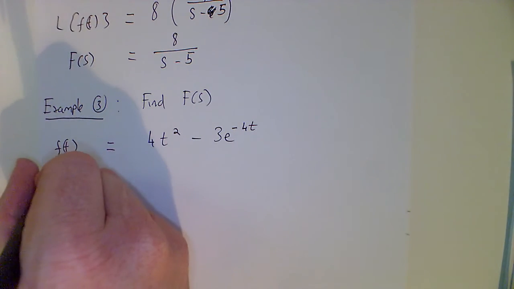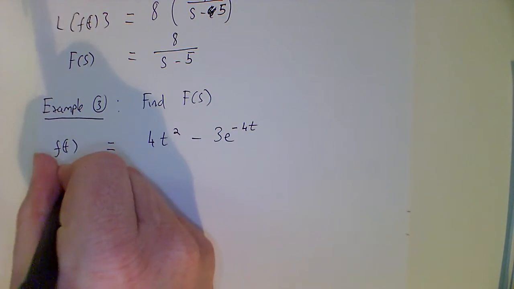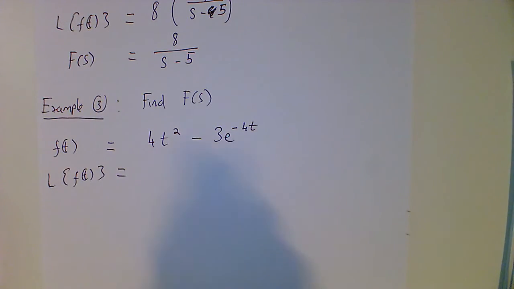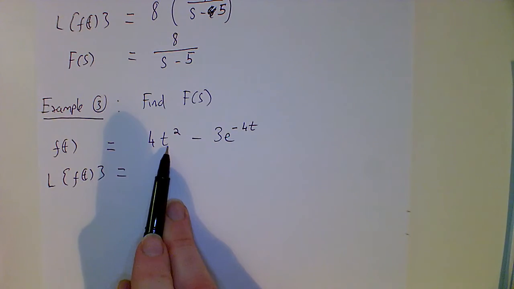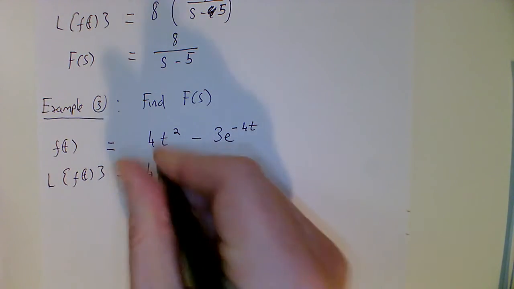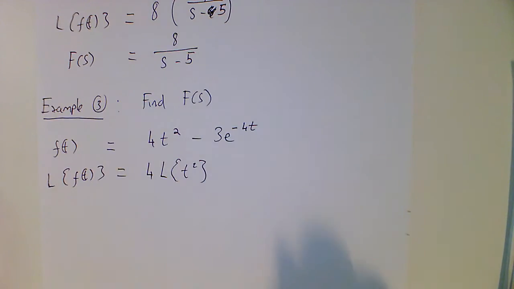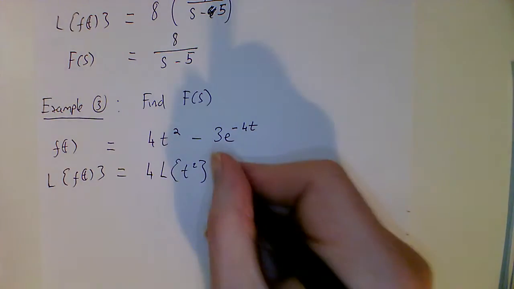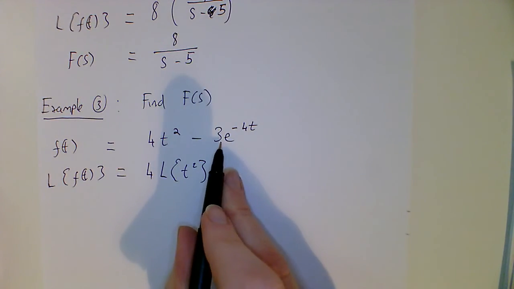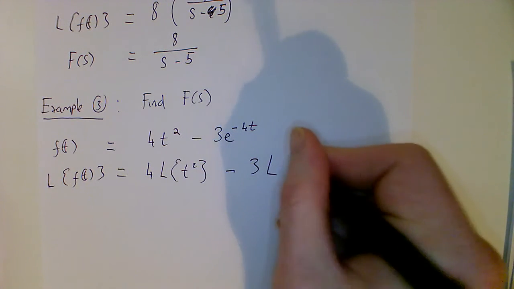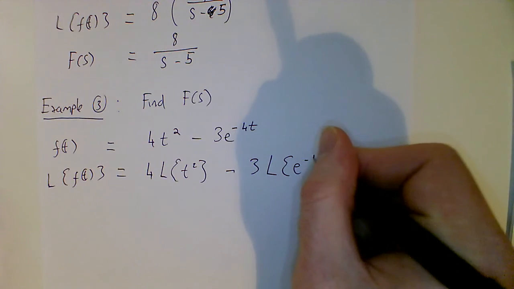So, the Laplace transform of this: as I've said, that's a constant multiplying a function in t, so that constant just goes outside your Laplace transform. Again, that 3 is just a constant, so that goes outside the Laplace transform.